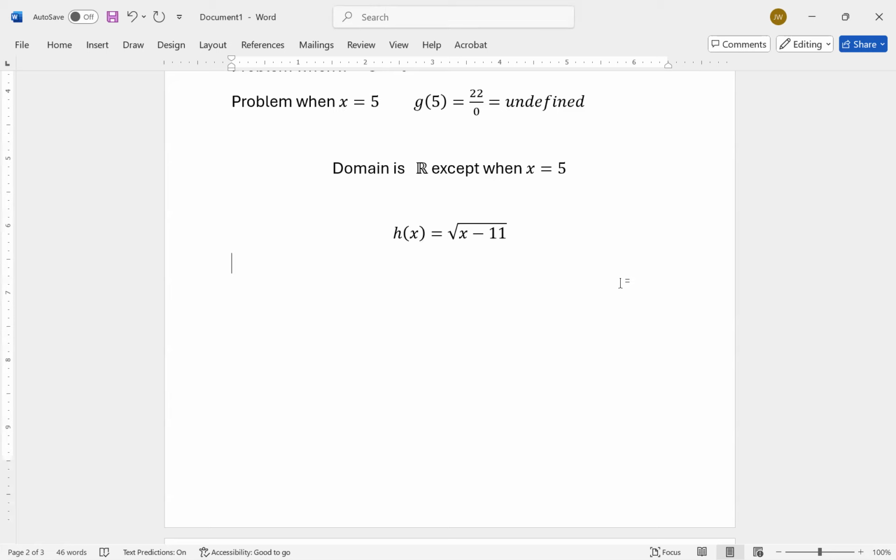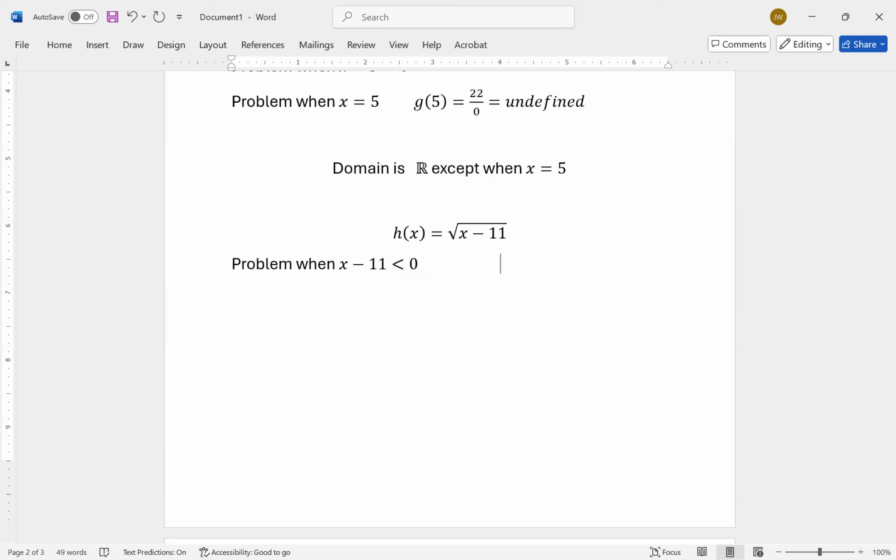So what we would do is we'd approach this in one of two ways. We would say either this, we have a problem when the thing underneath the square root is less than 0.